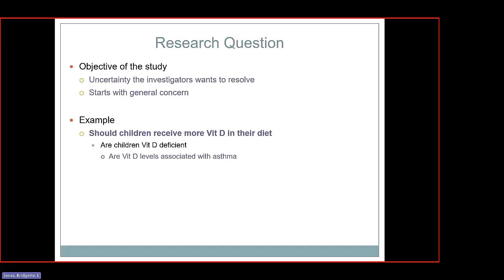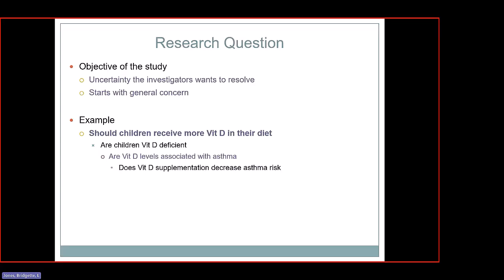So you might find studies that show that many children are considered vitamin D deficient by whatever cutoff that's been used. So if they are vitamin D deficient, does it even matter? Are vitamin D levels associated with some condition or some outcome? So are vitamin D levels associated with asthma? Are there studies out there that show that? So you might find that there are studies that show that vitamin D levels are associated with asthma. So what else could we ask about vitamin D?